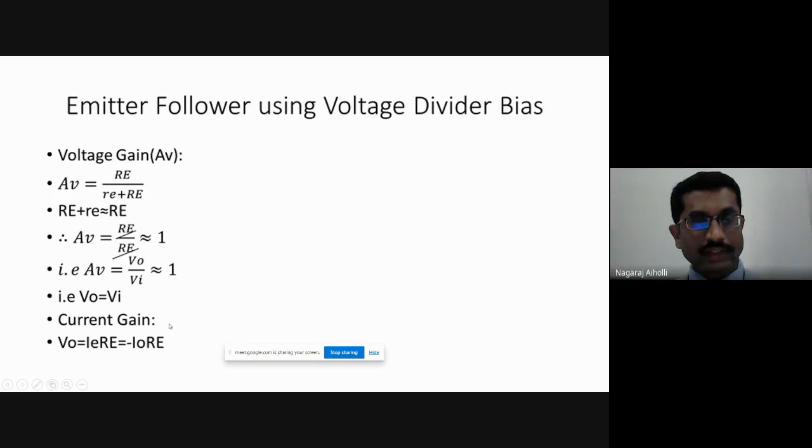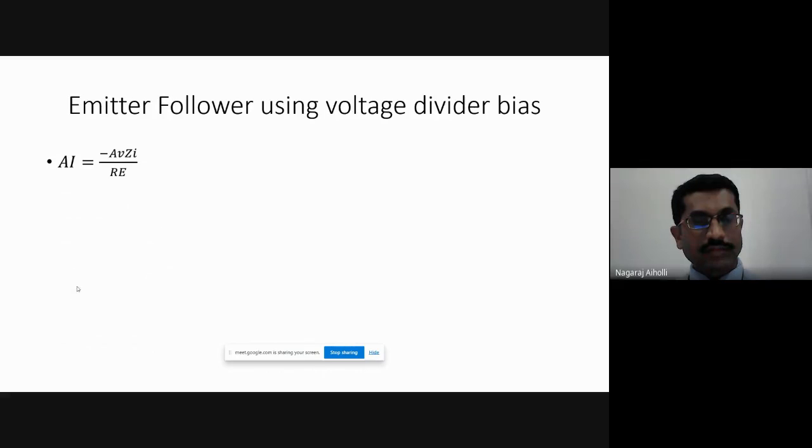Then the current gain equation is also the same as that of the basic emitter follower circuit. V0, we got the equation there as IE into capital RE, or that is equal to minus I0 into capital RE, because IE is equal to minus I0. Both are opposite in direction.